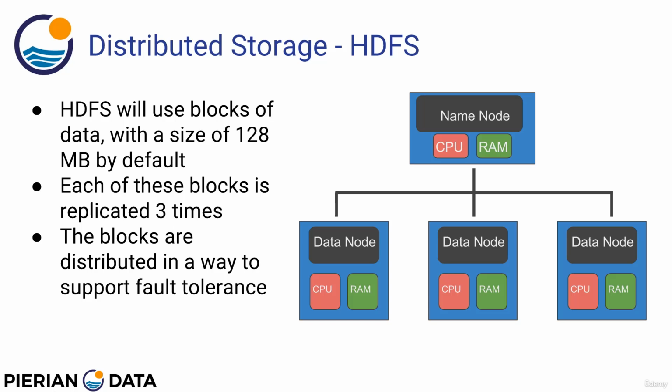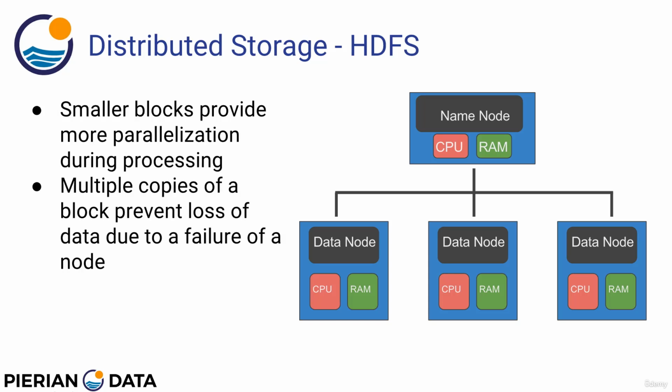And then the blocks are distributed in a way to support fault tolerance, meaning if one of these lower data nodes gets knocked out for some reason, you have your data replicated on the other nodes, so you're not going to lose any information. Smaller blocks provide more parallelization during processing. Multiple copies of a block prevent loss of data due to a failure of a node.